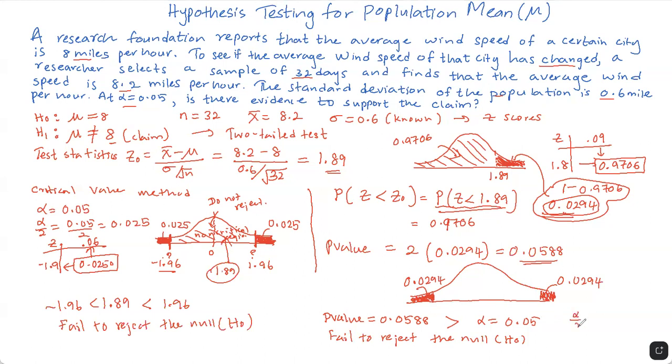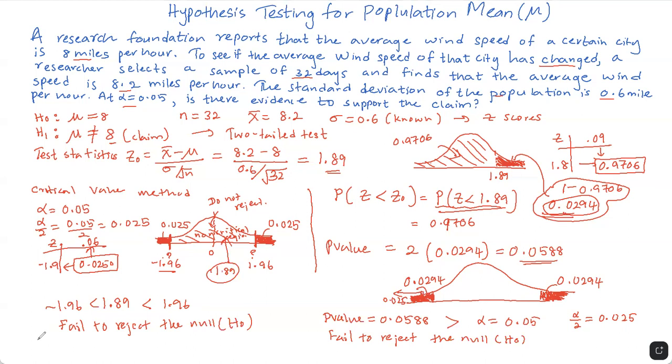Then one tail, you have alpha over 2, which is 0.025. So as you can see, 0.025 is less than this 0.0294. So that's why we fail to reject the null hypothesis here.